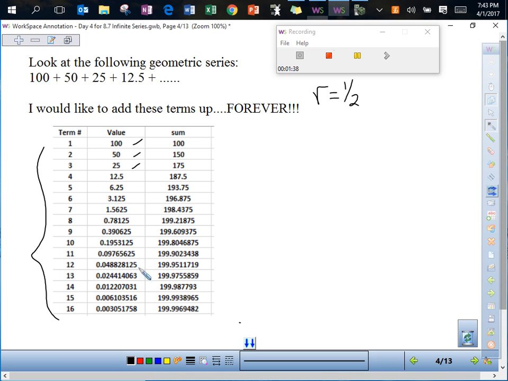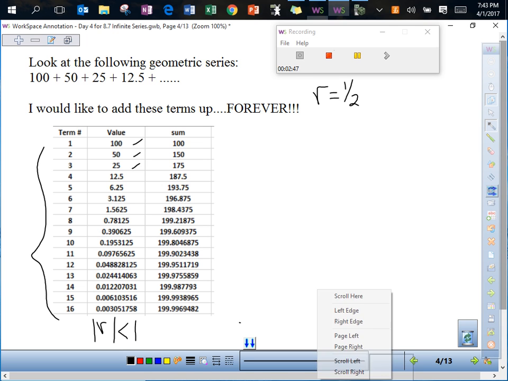My decimals get smaller and smaller and smaller. One thing that you'll realize, that when your R value, absolute value, is less than 1, because that way you can't use a negative, all that happens to the numbers as you add them up, the number of decimals continues, but the number itself really doesn't grow.